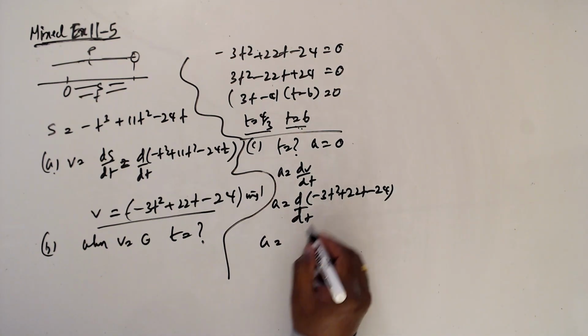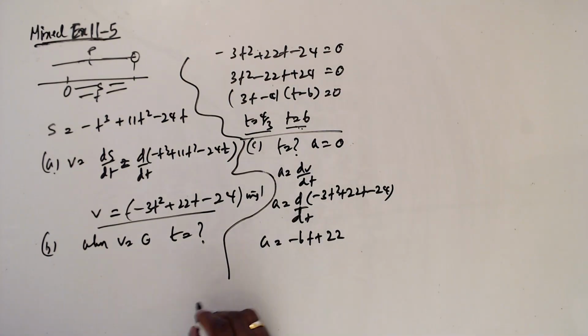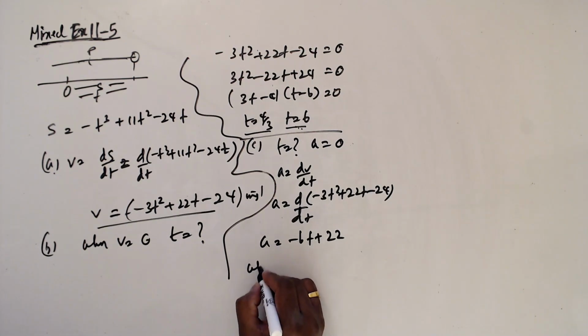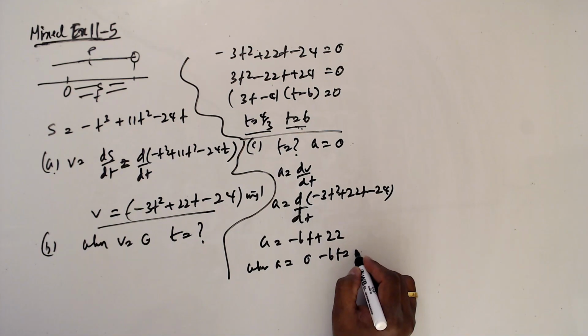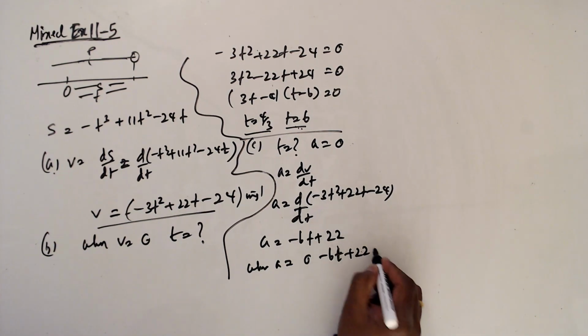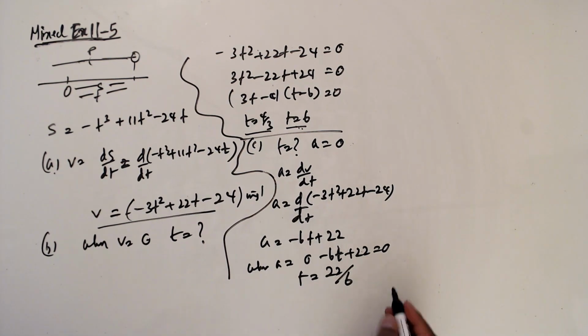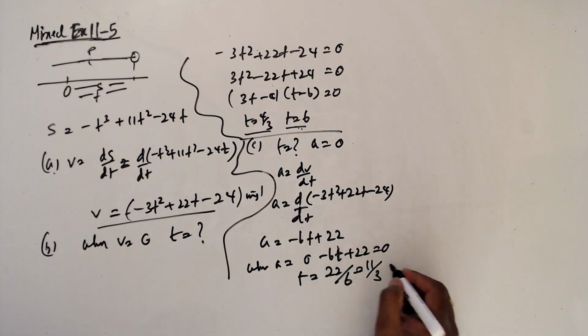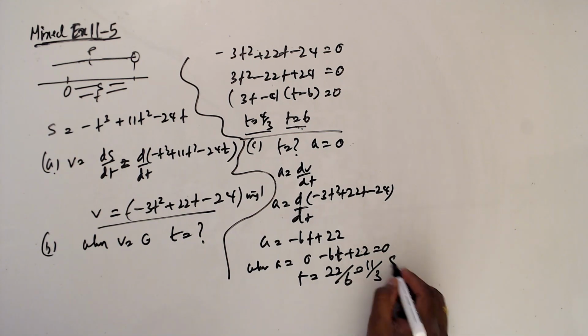So a is going to be minus 6t plus 22. Now when a equals 0, minus 6t plus 22 equals 0, t equals 22 divided by 6, which is 11 over 3 seconds.